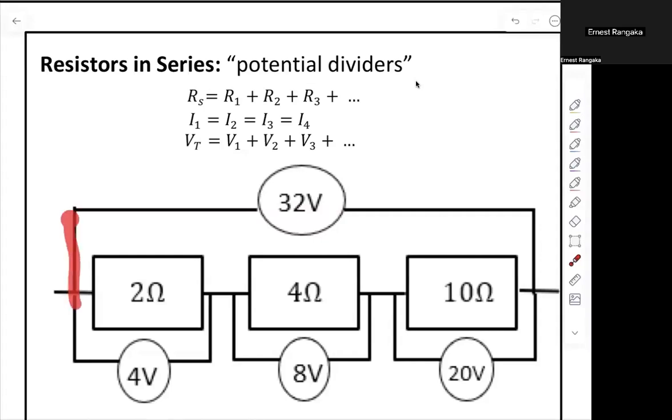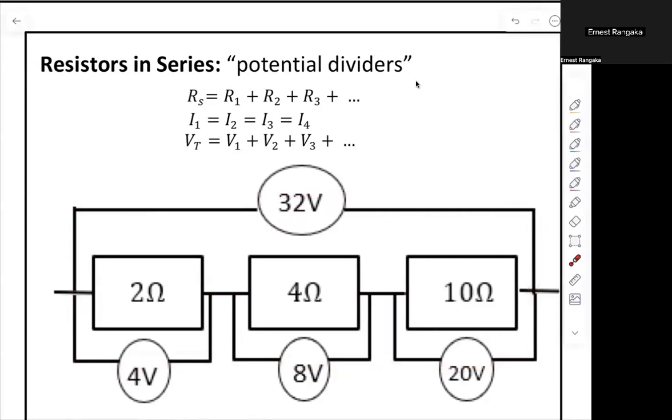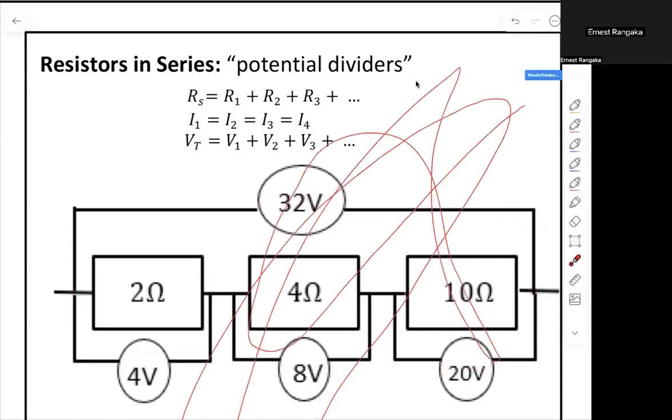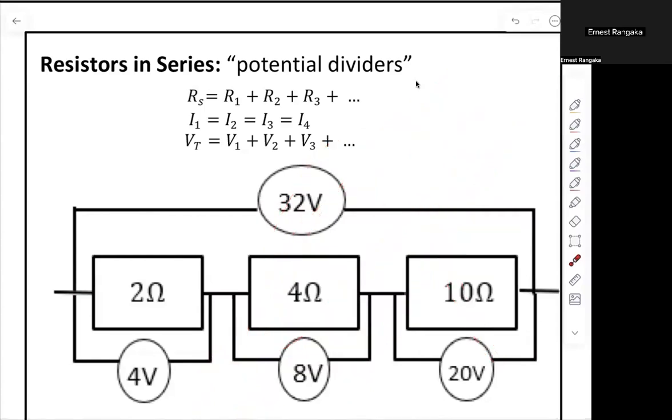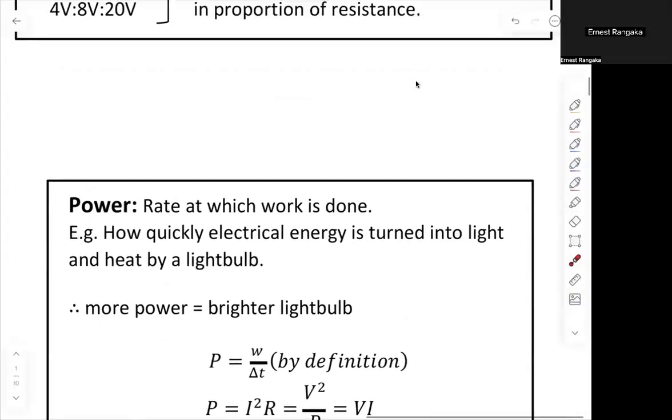So V total is going to be equal to the sum of all the voltages, or the potential differences, of each of the resistors within that whole space. So in series, my current remains the same across and the voltage is going to be split. Hope that makes sense. All right, now let's quickly look at resistors in parallel.